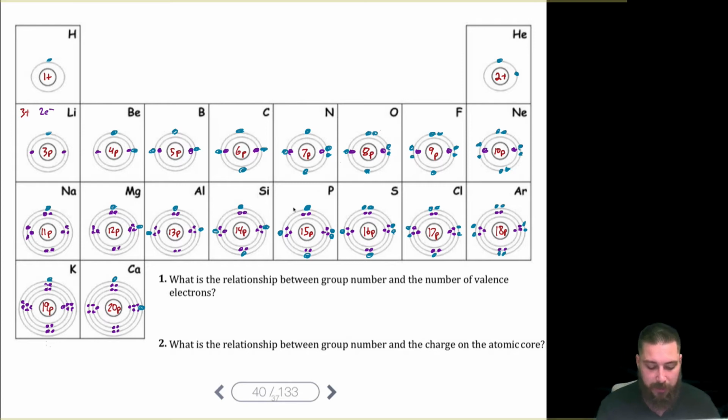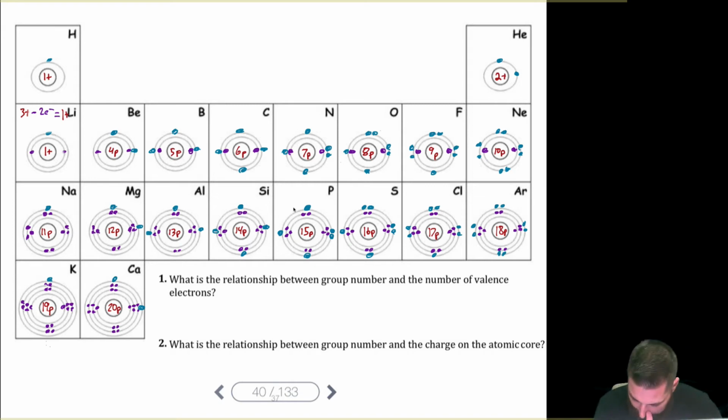So what ends up happening is when we subtract these, we will get a 1 positive. And so the reality is, even though there's 3 protons there, the outer electron experiences a 1 positive from the nucleus because there's 3 protons subtracting 2 inner electrons, giving us a 1 positive.